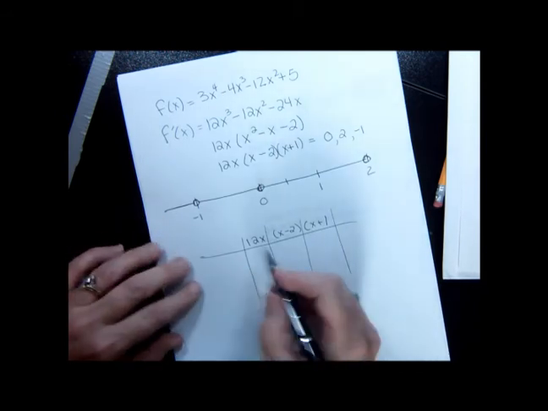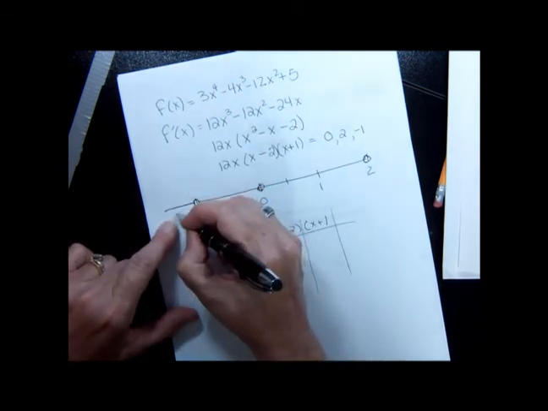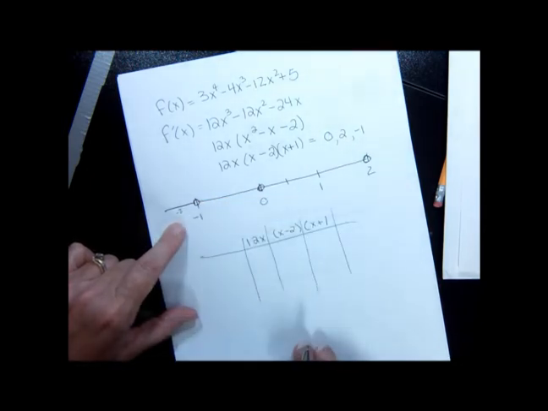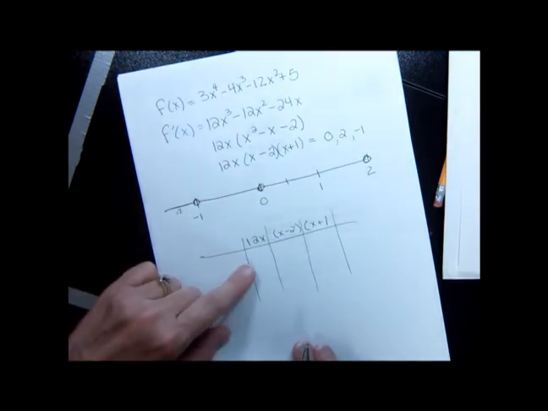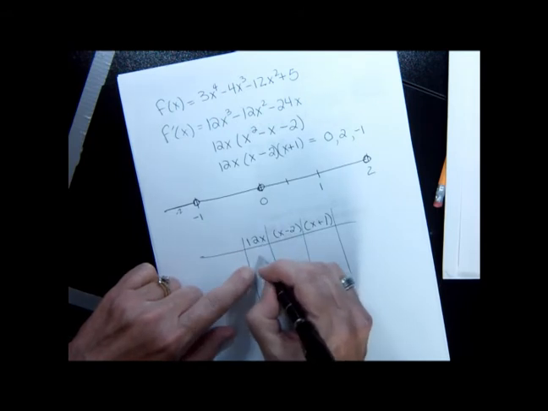And if I first look at a number in this area, let's say -2, just try any number, you pick it. All I need to know is whether this is negative or positive. I don't even need to know the value. So if I put a -2 in here, this value is going to be negative.